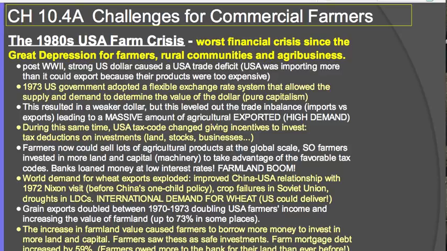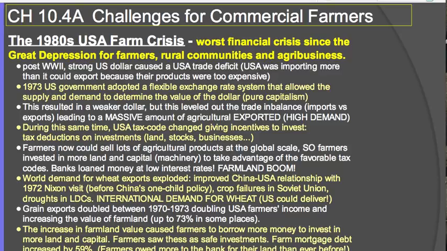Because the value of the dollar went down, there was an increase in the ability to export, and more people were able to afford things in the United States. With the tax incentives to buy up land, farmers went ahead and bought up a lot of land. They invested in more machinery, and there was this huge farmland boom.